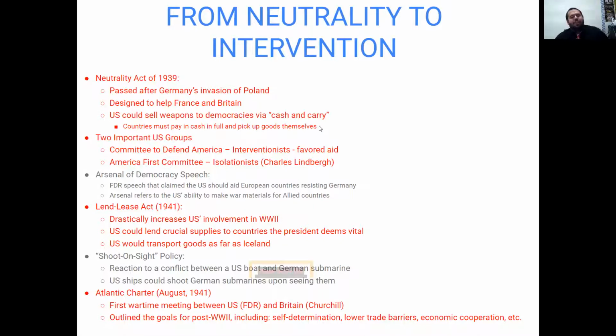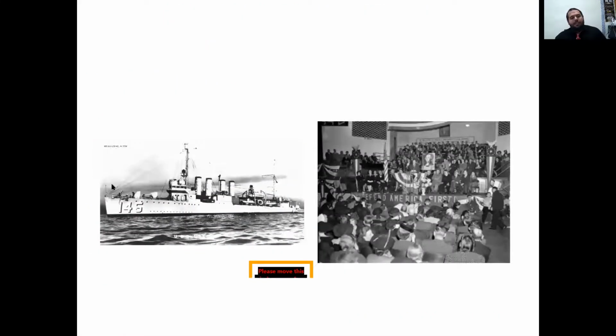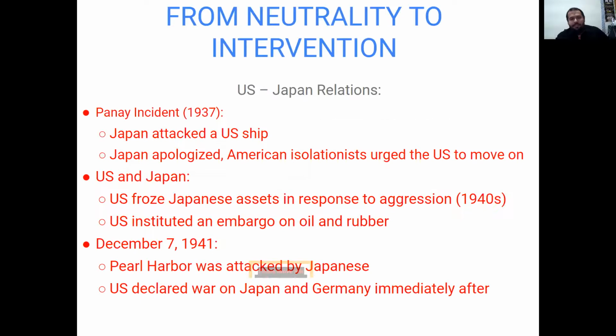They outlined the goals for a post-World War II world, which included the ideas of self-determination, lower trade barriers, economic cooperation, yada, yada, yada. So that's the boat. That's my boat. And then here's Lindbergh giving a speech with a portrait of George Washington behind him.